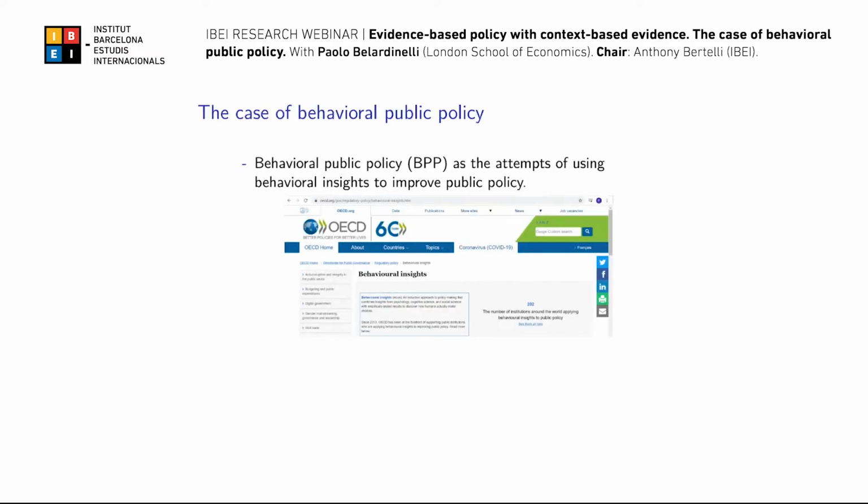If you go on the OECD website, you can see that there are more than 200 institutions that try to apply behavioral insights to public policy. For example, in London, we have the famous Behavioral Insights Unit, also called the nudge unit, because of this dominance of nudging among the behavioral public policies.